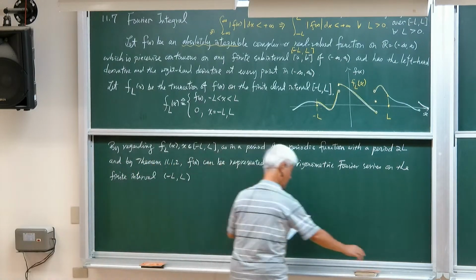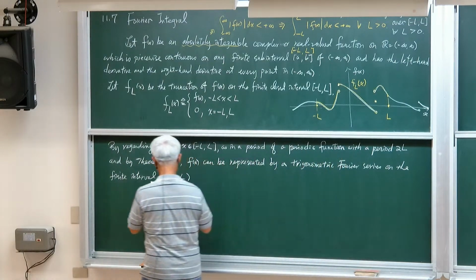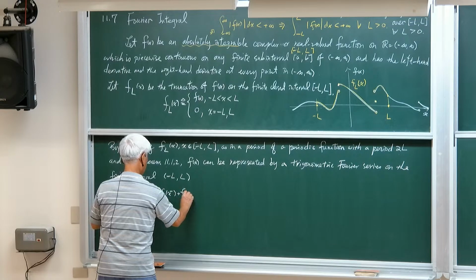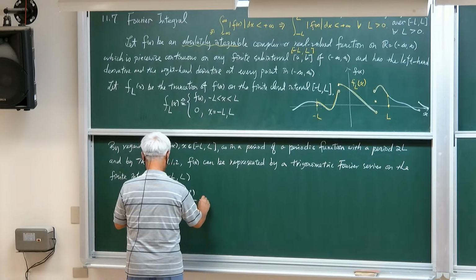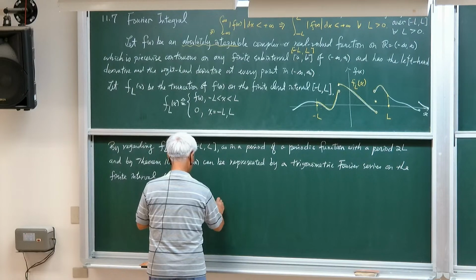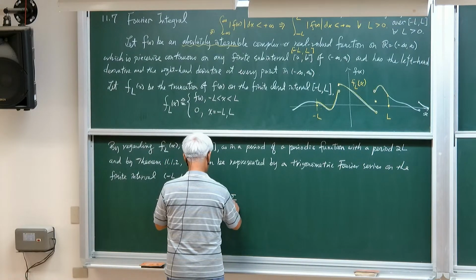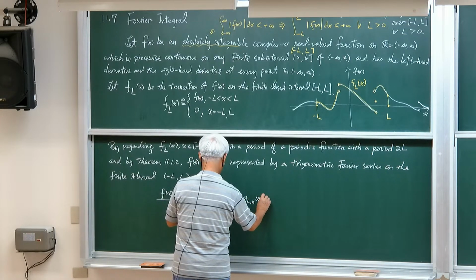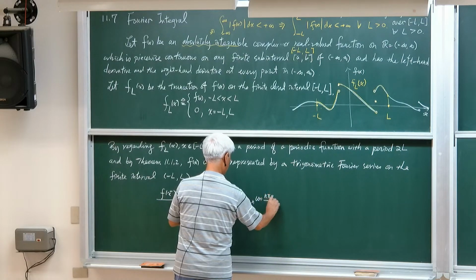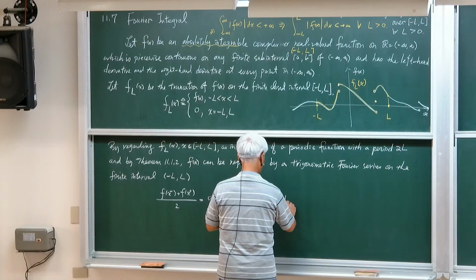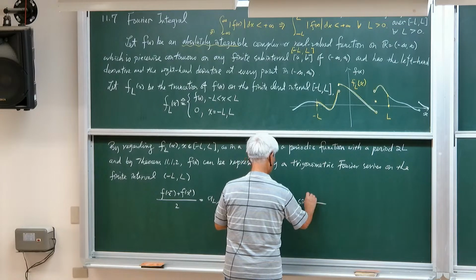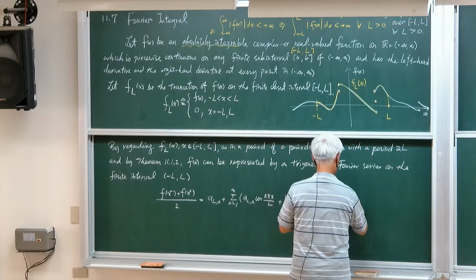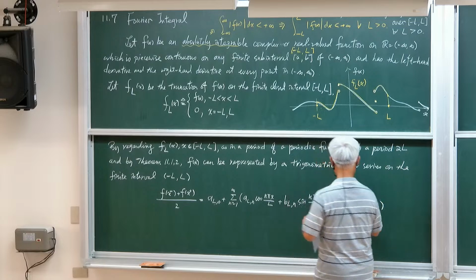So we have that (f(x+) + f(x-))/2 is equal to a0 plus the summation from n equals 1 to infinity of a_n cosine n pi x divided by L plus b_n sine n pi x divided by L, for all x in this open interval.